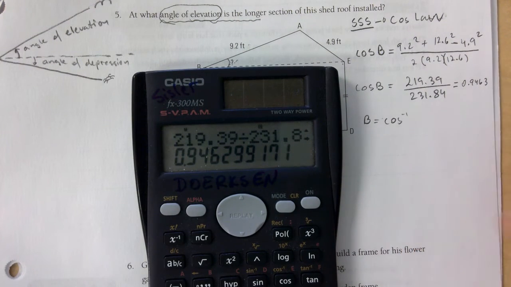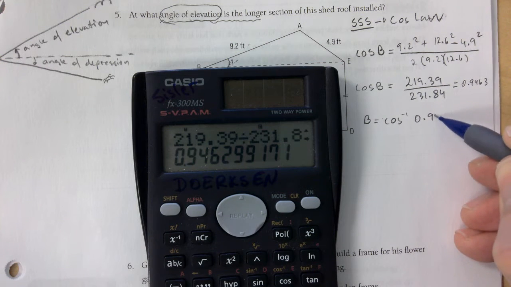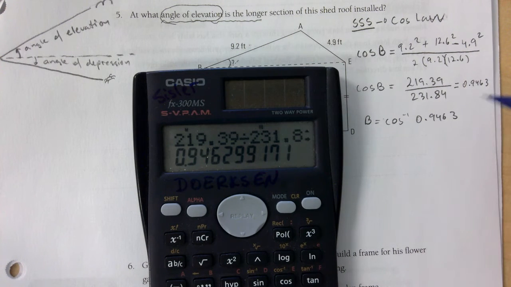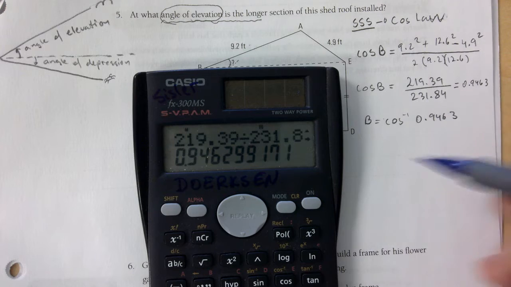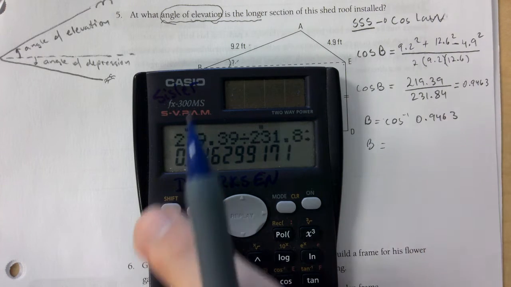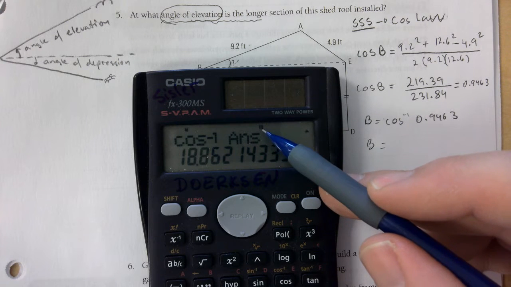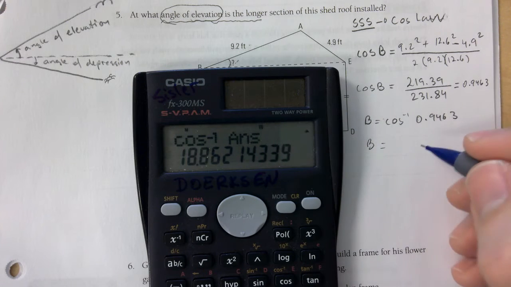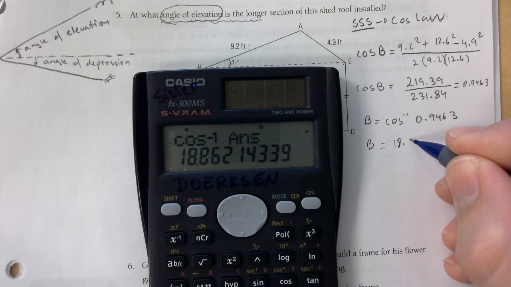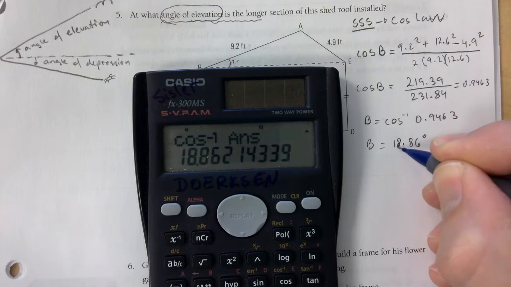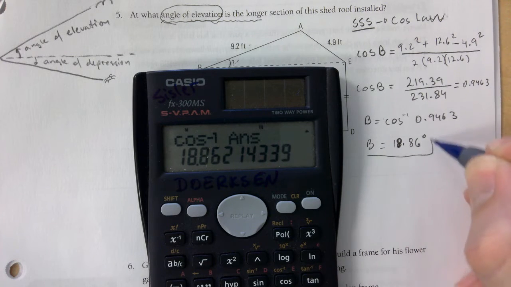So don't stop working out these questions. So we take the inverse of that and make sure I'm in degrees. Always check. So it's 18.86 degrees. And that's it.